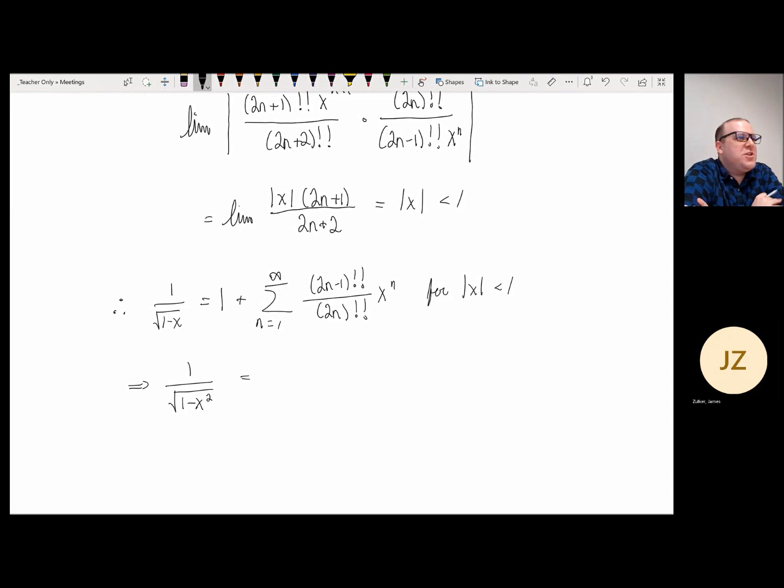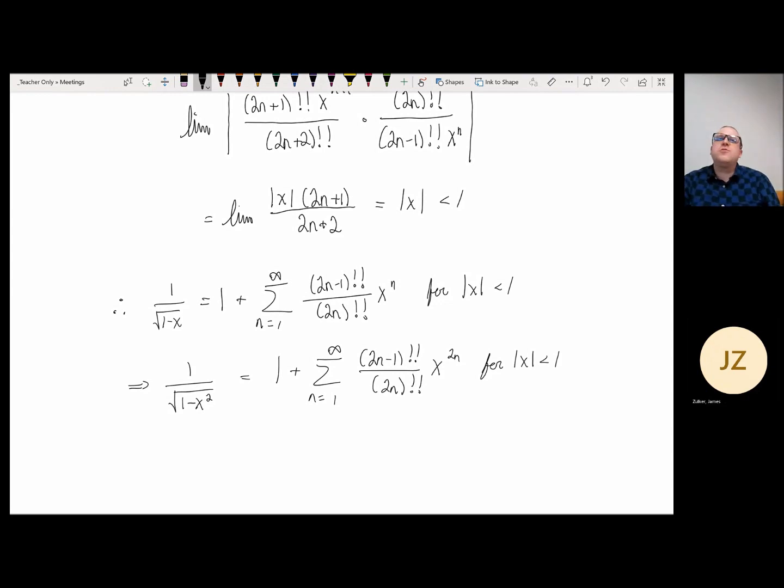Well, that would mean that the function I really want, the 1 over square root of 1 minus x squared, so I can integrate it, would be 1 plus the series, 2n minus 1 double factorial over 2n double factorial times x to the 2n.